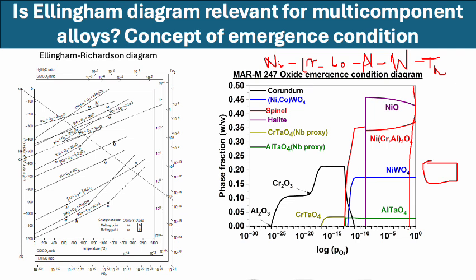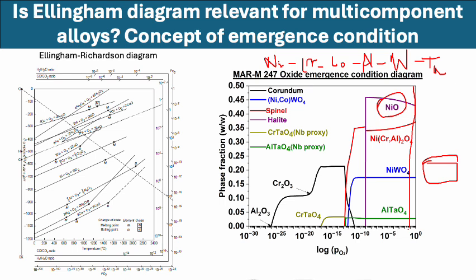Then we will form these oxides. Predominantly we will form nickel oxide, and we will also have this spinel oxide, a nickel aluminum or nickel chromium oxide, and we can also form nickel tungsten oxide and also the aluminum tantalum oxide, or aluminum tantalate. So a mixture of these oxides can form thermodynamically.